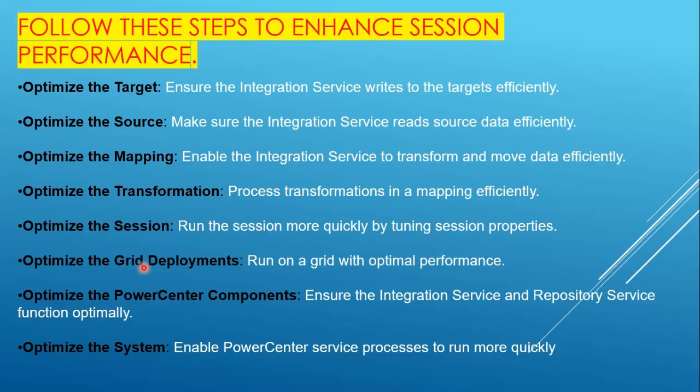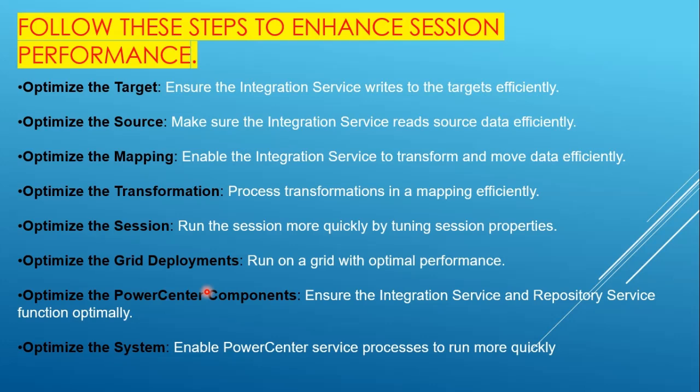Okay, now the next point is to optimize the grid deployment, right? Run a grid with optimal performance. After that, optimize the PowerCenter components: ensure the integration service and the repository service function optimally. Suppose sometimes you're stuck somewhere. You need to check that the entire component is running accordingly, whatever your server components are, and that it's running smoothly.